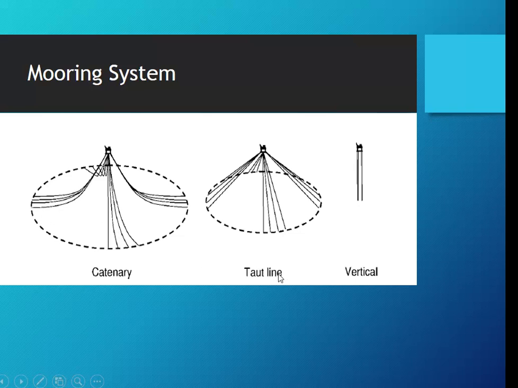The taut line mooring system has an angle of 30 to 45 degrees with the horizontal seabed. In the vertical mooring system, steel cables go directly down to the anchor and apply a vertical load on the anchors. The catenary system is generally used for floating offshore structures.